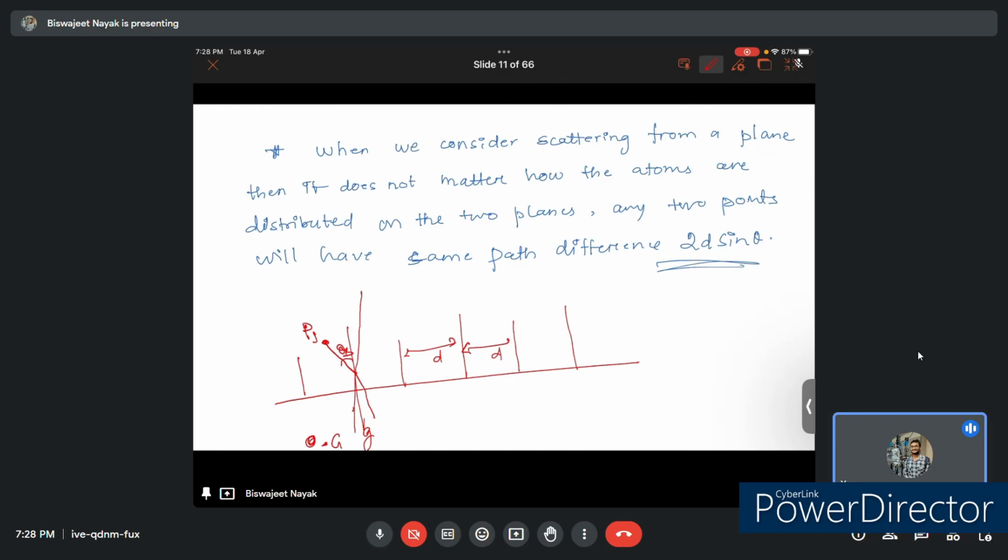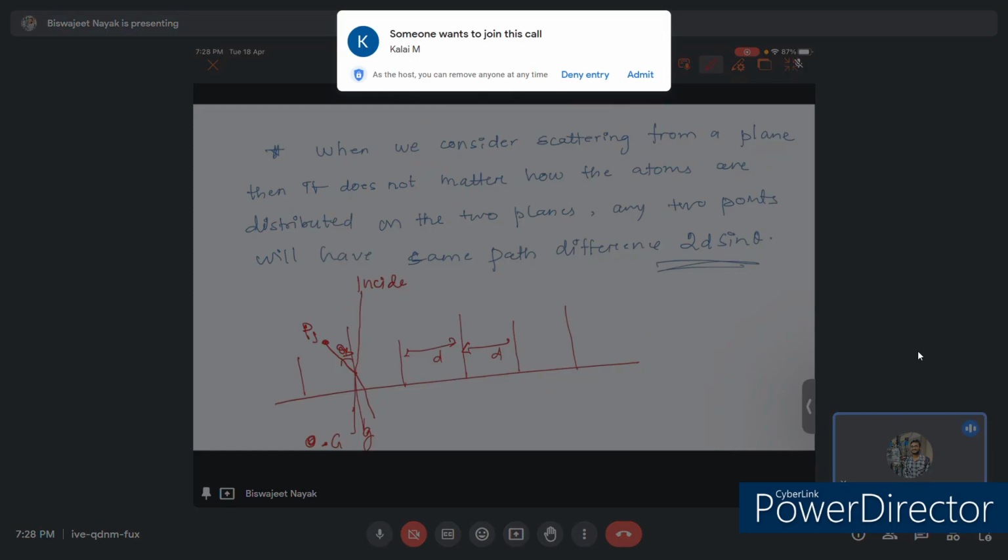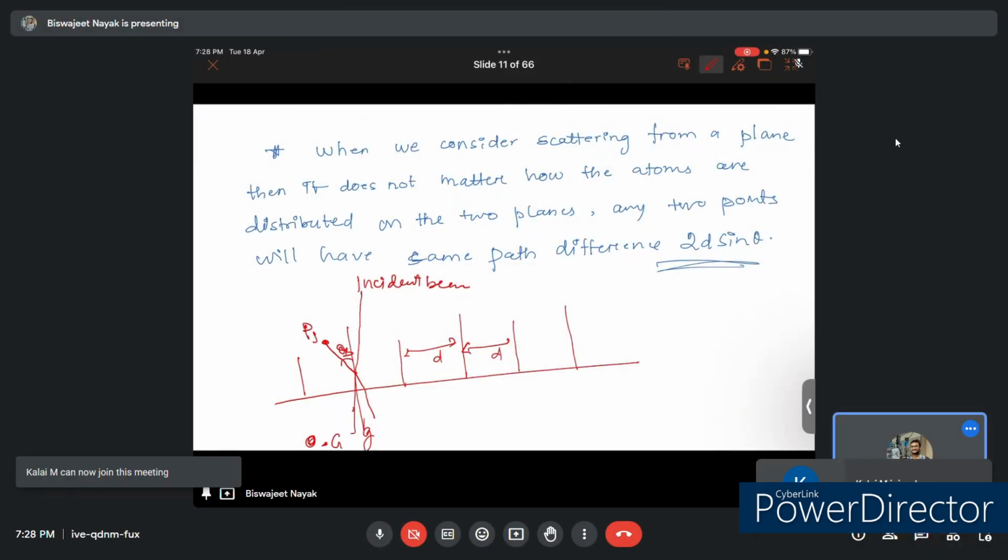If the incident beam is not parallel to the plane, then we will get a series of diffraction spots.